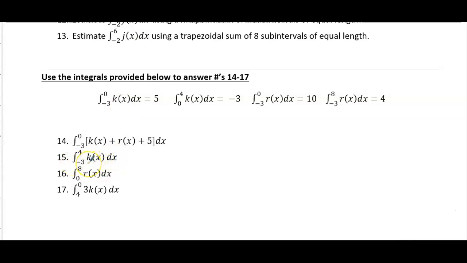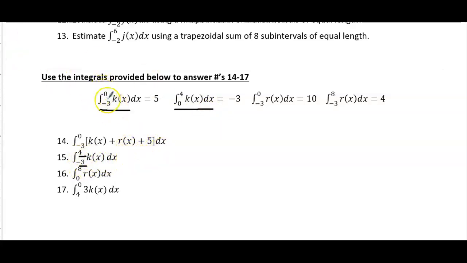So we're going from -3 to 4 for k of x. Now, I don't have an integral that goes from -3 to 4. I've got one that goes from -3 to 0, and then I have one that goes from 0 to 4. But I don't have anything that goes from -3 to 4. But we have a property that will help us with that.